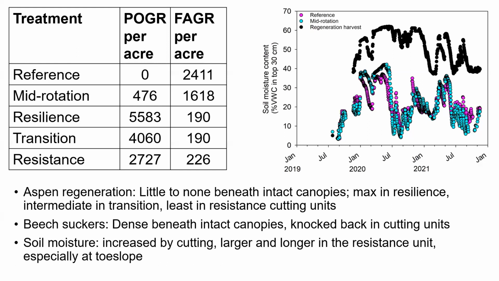And then transition was where we designed a prescription to transition away from aspen and towards a composition dominated by longer-lived northern hardwood tree species. And then the 2 columns in this table are the number of stems per acre of Populus grandidentata, or big-tooth aspen, the dominant species in the overstory. And Fagus grandifolia, American beech, number of stems per acre.